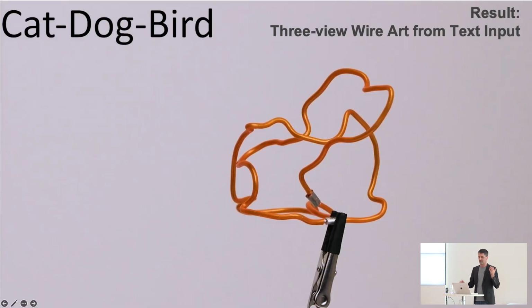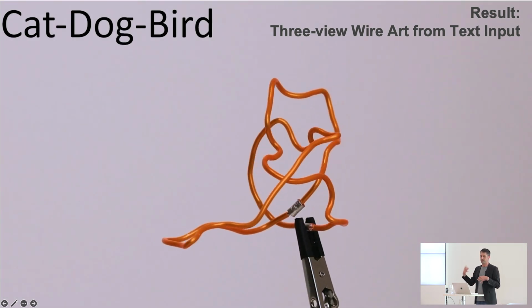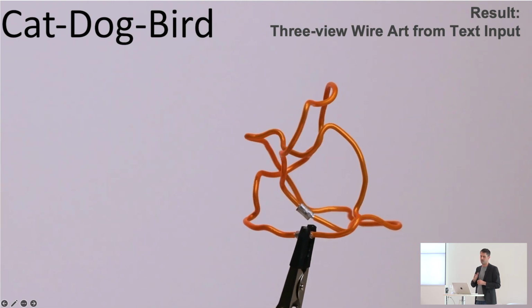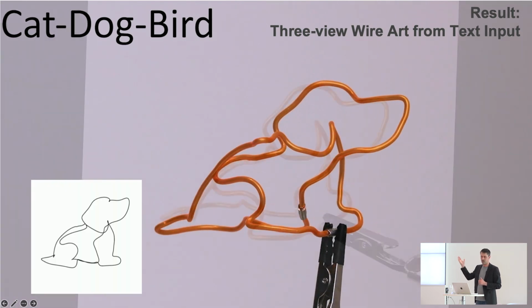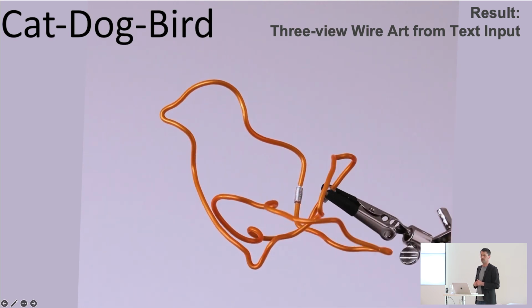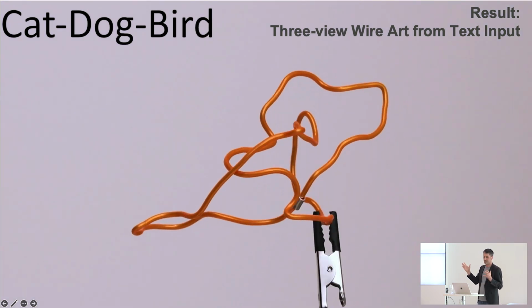And here's another example where we have three words as input: cat, dog, and bird. It optimized this 3D structure that, from different viewpoints, before looked like a cat, now like a dog. If you rotate it around, it actually does resemble a bird.